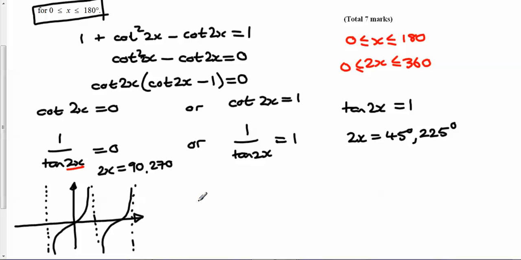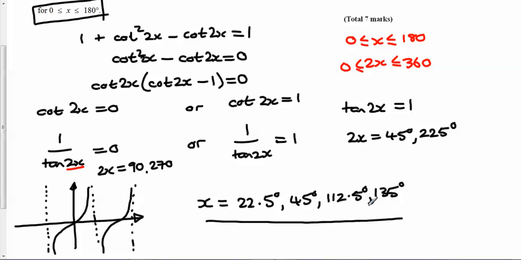So that's going to give us solutions of half of all of those numbers: 22.5 degrees, 45 degrees, 112.5 degrees, and 135. That's where the 135 I came out with before came from. And those are all of our solutions.